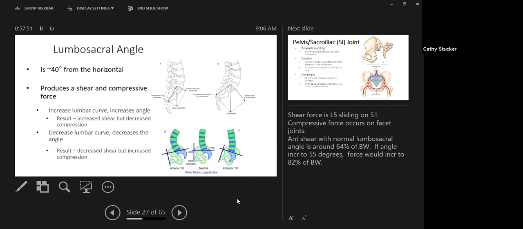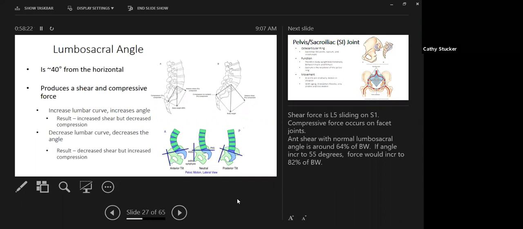If you have a decreased lumbar curve, a very flat lumbar lordosis, your angle is less, so the tendency of L5 to slide on S1 is less, but you also have much less shock absorption. So if you jump, if you run, you have much more compression through the vertebral spine than you would otherwise. So like I said, there are consequences either way. One isn't better than the other. They're just consequences.